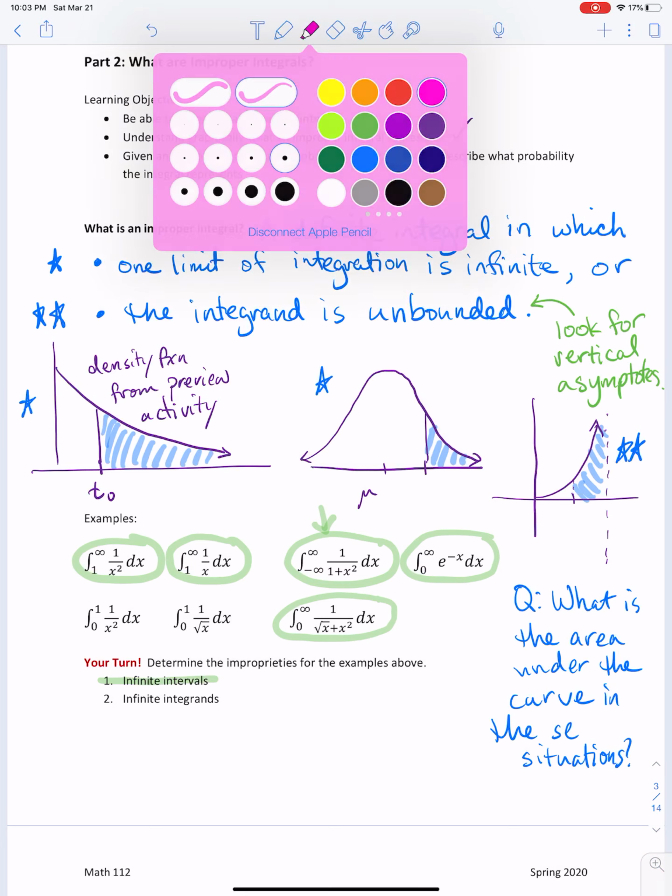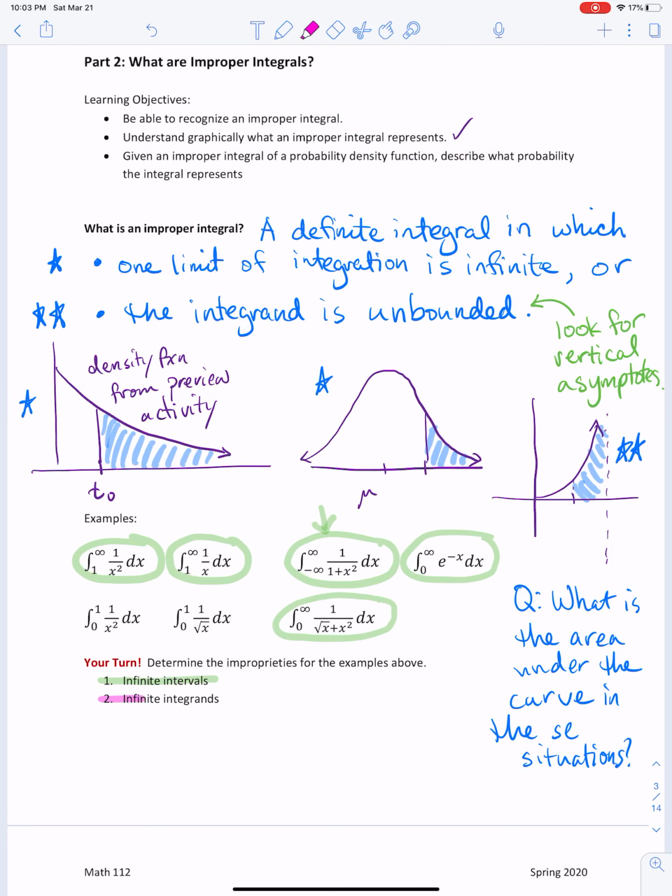The other type of impropriety that we discussed was when an integrand is unbounded over the interval over which you're taking the integral. And this happens, as in the case here, where you have some sort of a vertical asymptote.